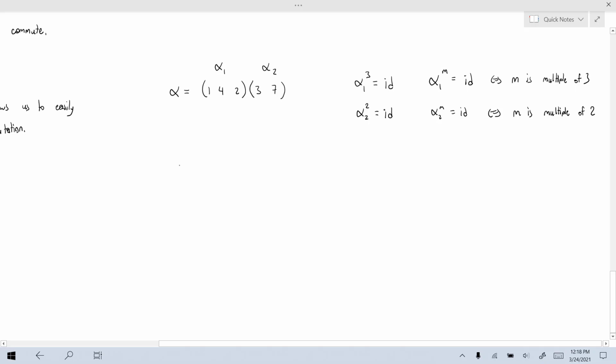Let's compute alpha squared, and I'm going to compute it symbolically, not using these numbers, but just using the fact that alpha is alpha 1 times alpha 2. Alpha squared is alpha times itself.